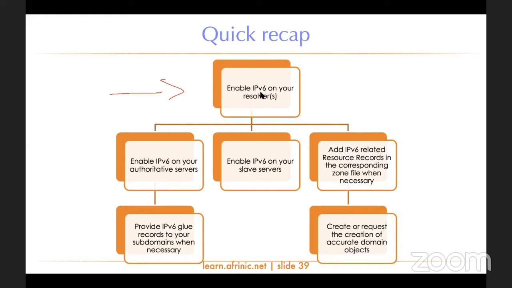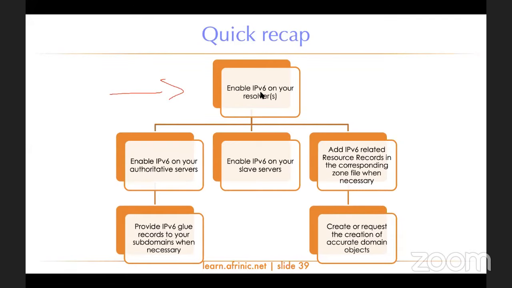You can be an ISP, a cloud provider, or a corporate user. The first thing is to enable IPv6 on your resolver. As soon as you already have an IPv6 network, or IPv6 is able to reach your network or your resolver, then this is the first thing to do.